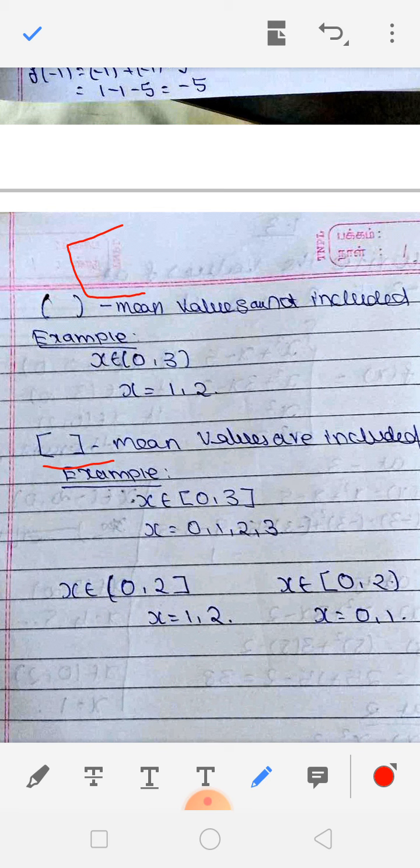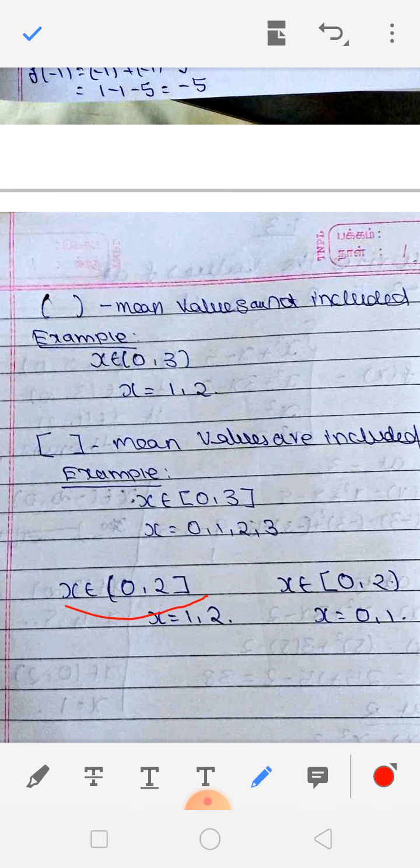Closed bracket means values are included. So for x belonging to [0, 3], both sides are closed brackets, so 0 is also included and 3 is also included: 0, 1, 2, 3, up to 4 values are included.